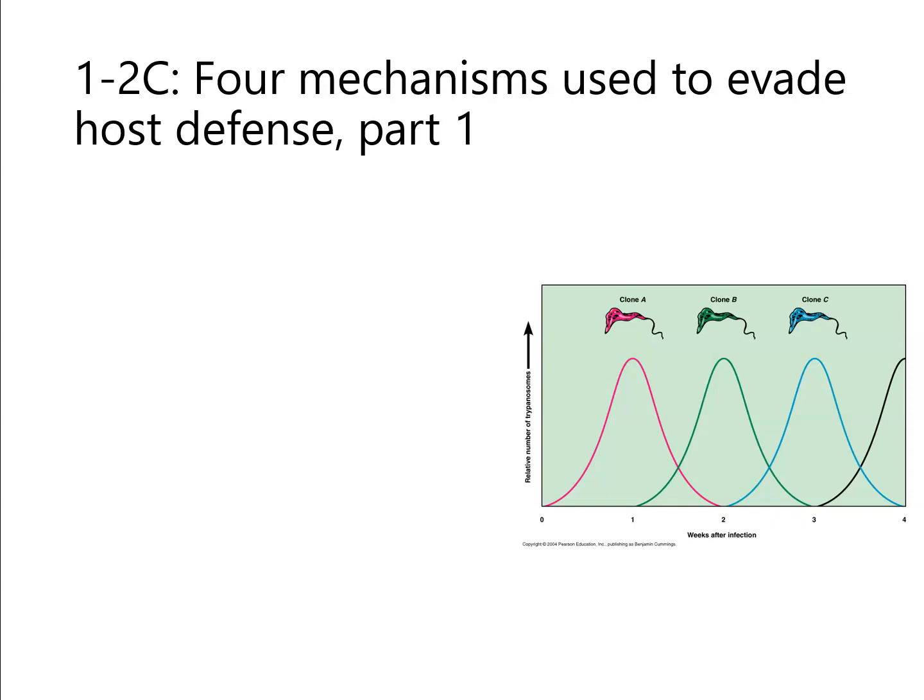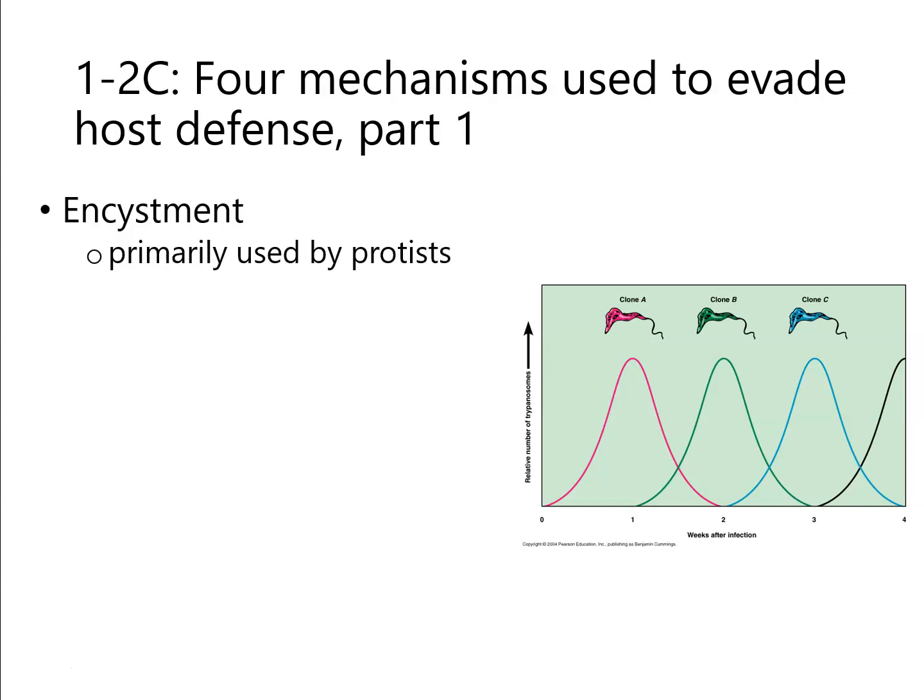We can think of several different mechanisms pathogens would use to get around the host defenses. Protists, for example, as a normal part of their life cycle, will be cysts. And the ones that are encysted can go through the stomach without being killed by the acid, and then they can change into a vegetative form in the gut.